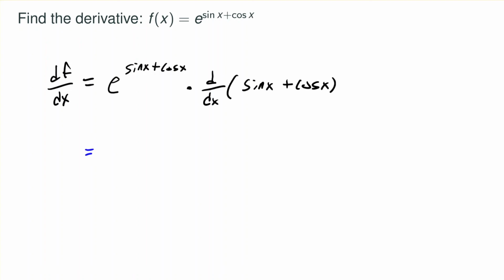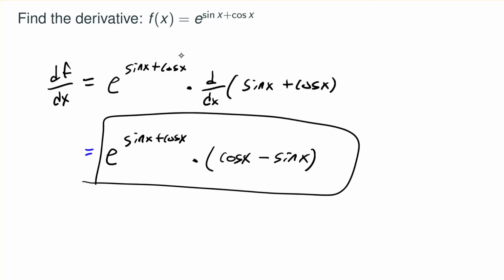So this portion stays the same. Multiply by, now the derivative of sine is cosine. The derivative of cosine is negative sine x. So this right here is the derivative of this function.